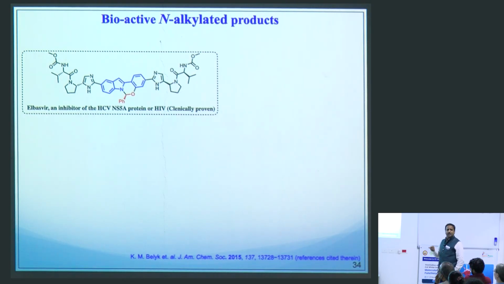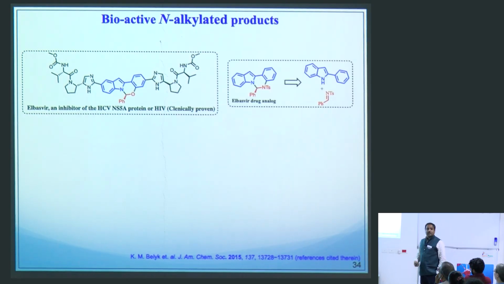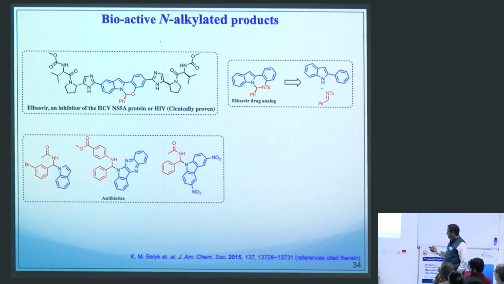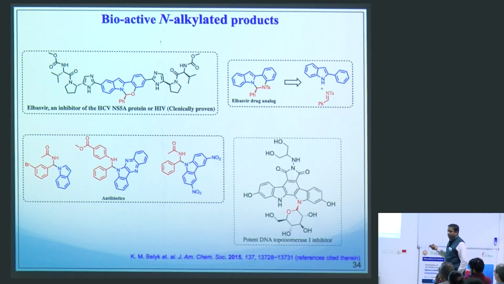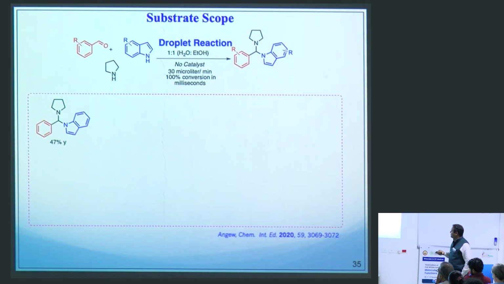Industries use longer steps to synthesize this type of molecule. There are also antibiotics with both nitrogens on the same carbon. In nature, one can also find this type of molecule, also having nitrogen near the carbon, hemiaminal.